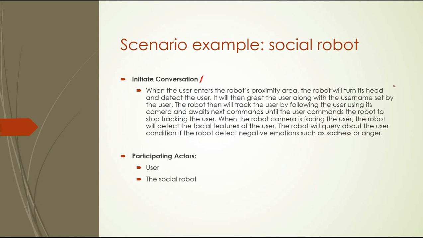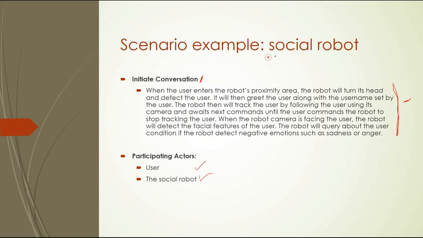So this is the scenario of starting the conversation between the user and the robot. In this scenario, we have also the same: the user, and also the social robot.